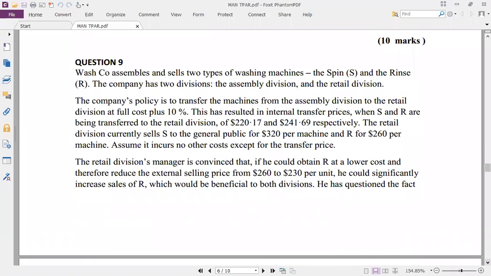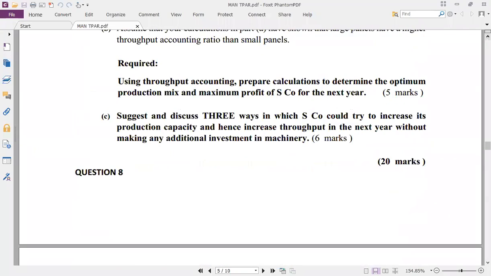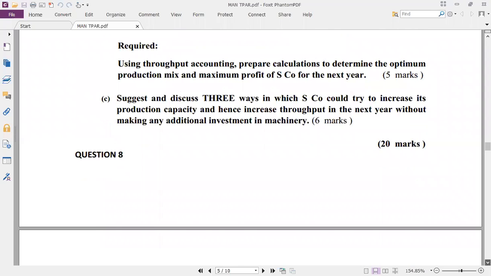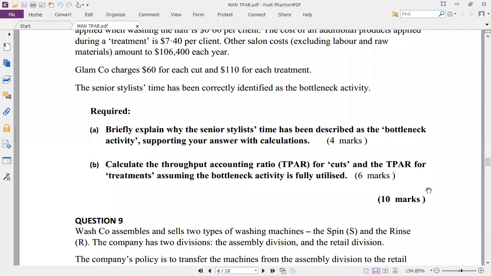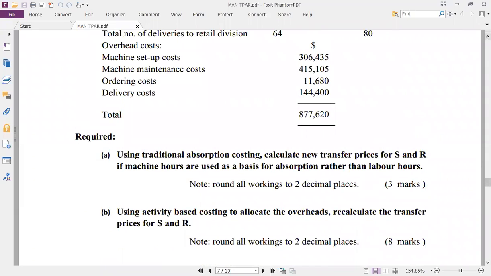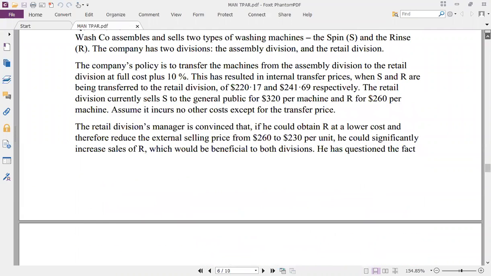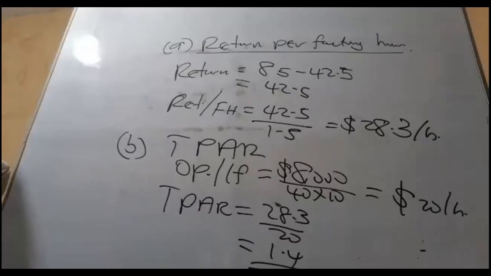And then question 8 is also another one. That one is just for 10 marks. Question 9 and 10 are not part of your questions, so don't try them for now. And then we are done. So kindly do that for me and you'll be fine.